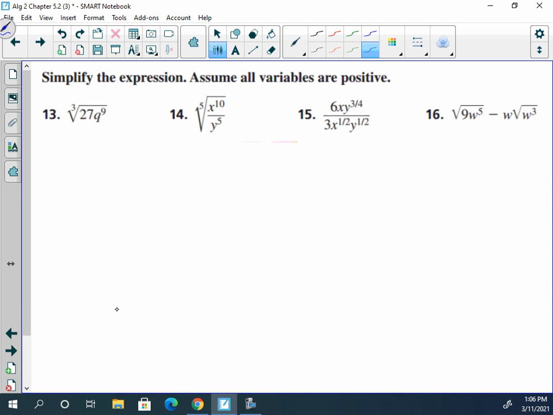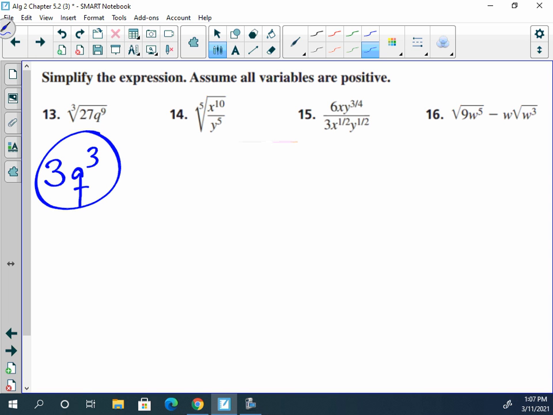Can I take the cubed root of 27? Yes. What is the cubed root of 27? 3. Can I take the cubed root of q to the 9th? Yes. Is 9 divisible by 3? Yes. So I'm just going to go 9 divided by 3 and get 3.